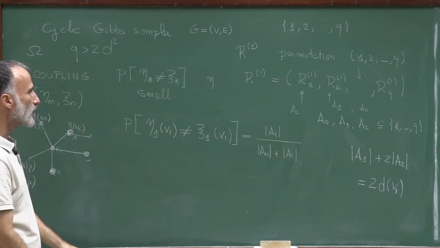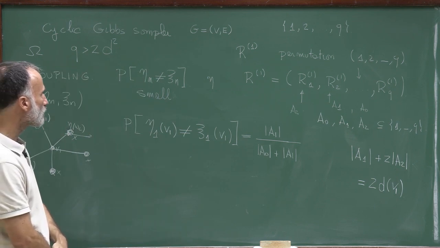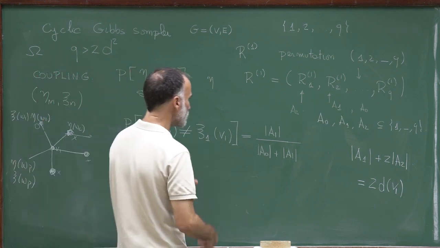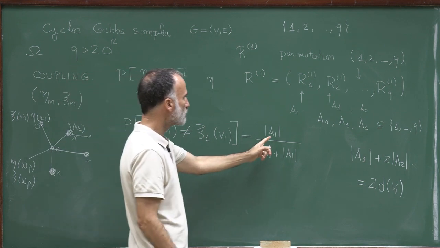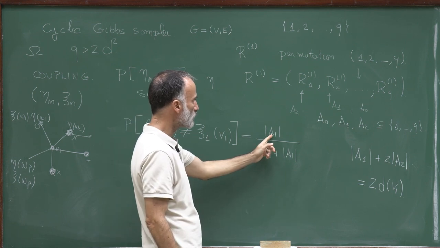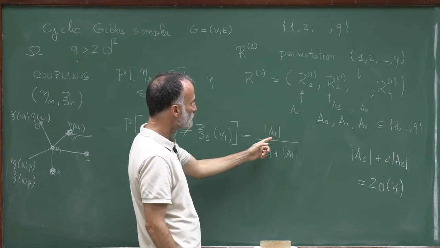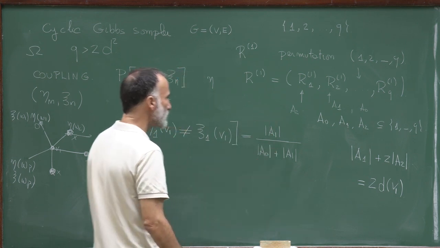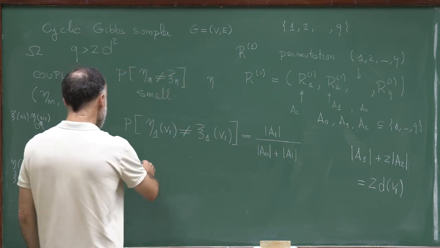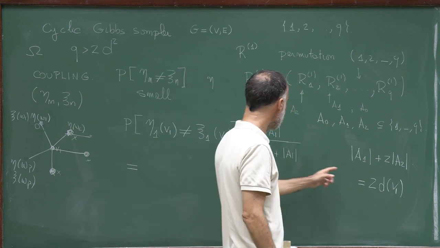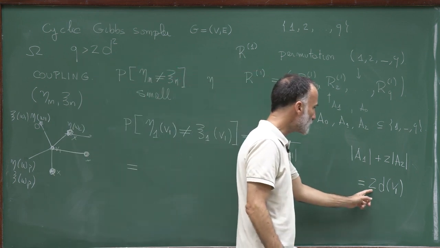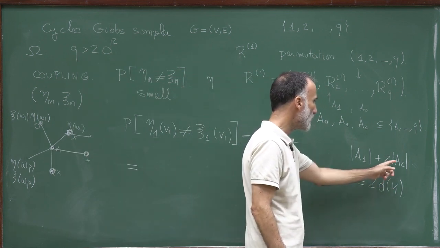Both configurations will have the same color in the next step. So they won't have the same color if the color chosen belongs to A1, and this happens with probability A1 divided by A0 plus A1. And so now I can use this identity to replace A1 by 2 times d of V1 minus 2 A2.